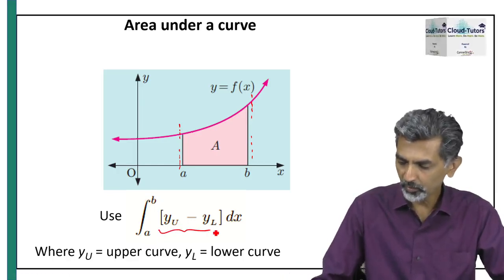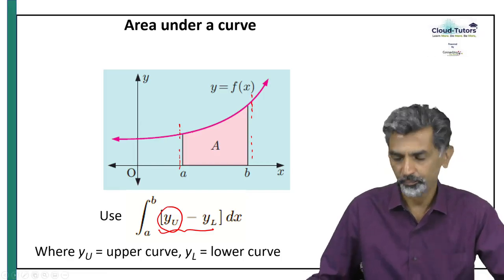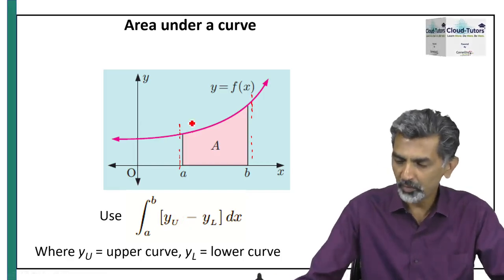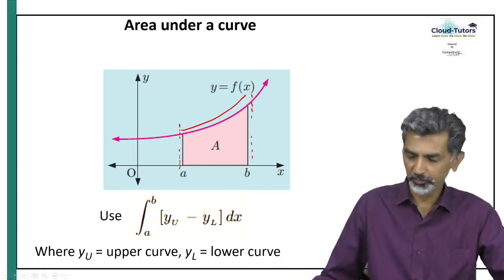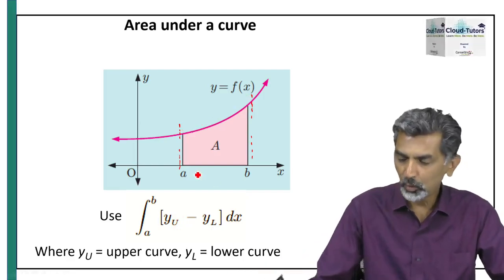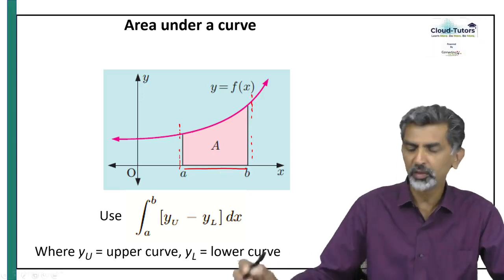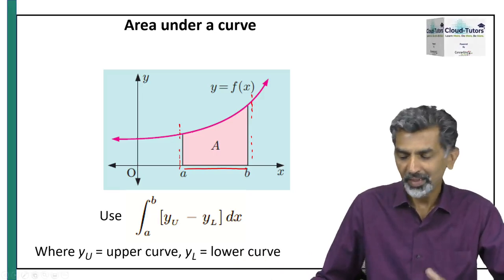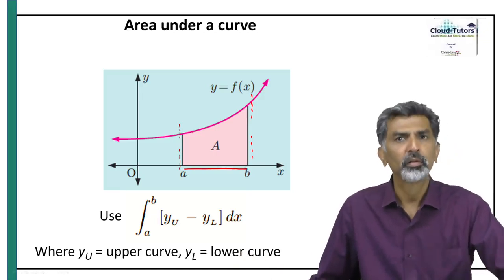And what do we put here? The function of the upper curve. And what is the upper curve? The upper boundary of the area is f of x minus the lower curve. In this case, the lower boundary of the area is the x-axis itself. But it may not always be this way.